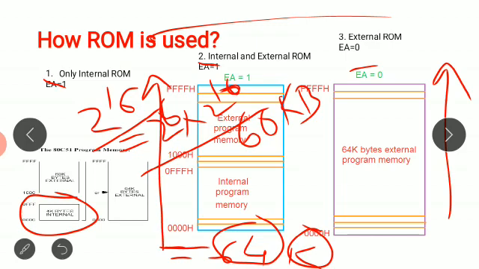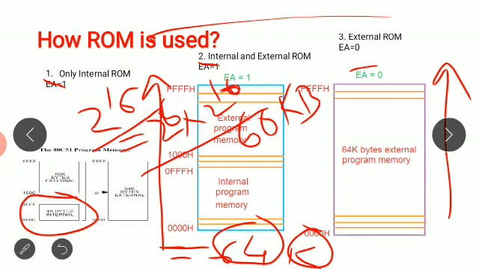Okay, so how to distinguish? That is done with the help of the EA bar pin. EA bar is one of the pins of the 8051. You know that 8051 has 40 pins and one of the pins is EA bar. EA is basically enable external access.